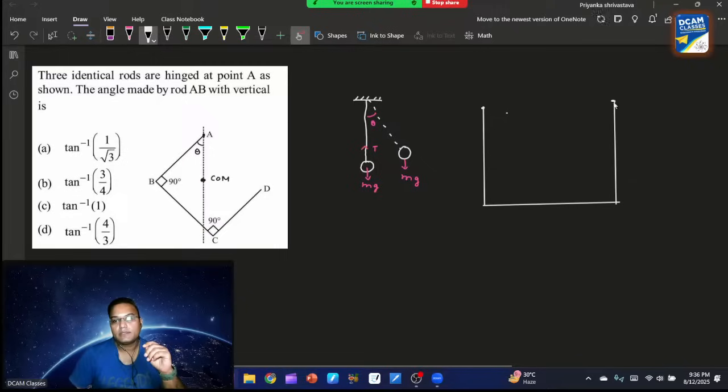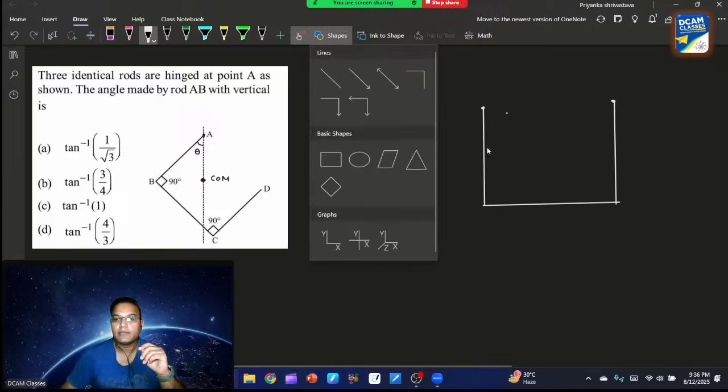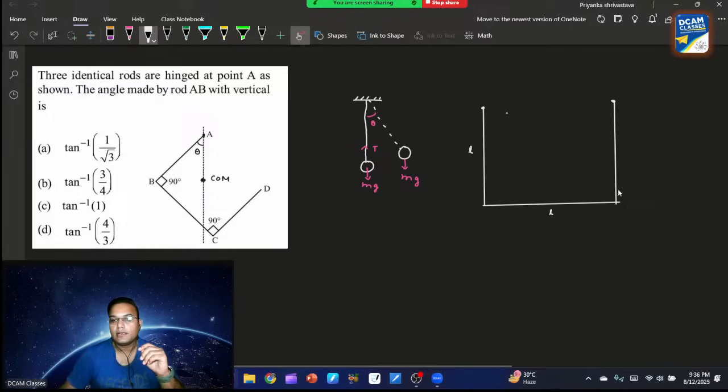All of them have equal masses, they are identical, and everyone has the same length: L, L, and L. Now you try to find out where the center of mass of the system will be. The hint is the center of mass of a rod lies at the center, meaning at L/2.